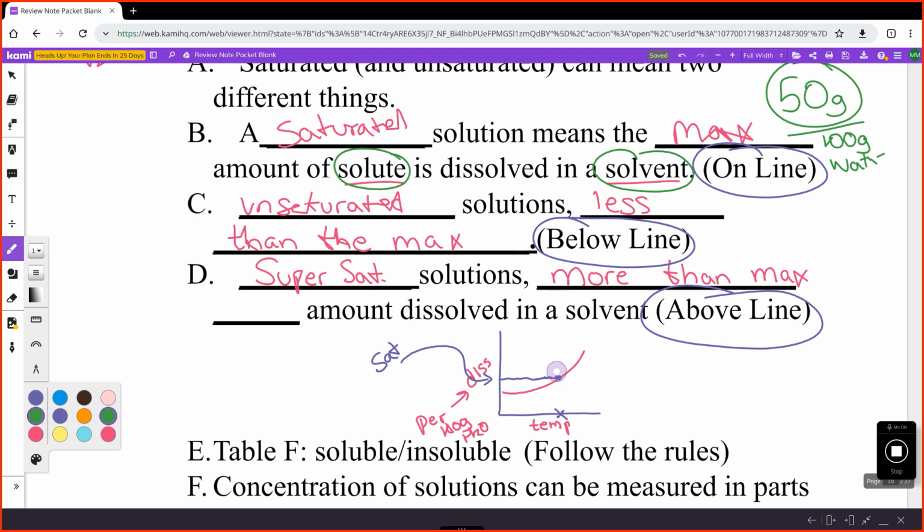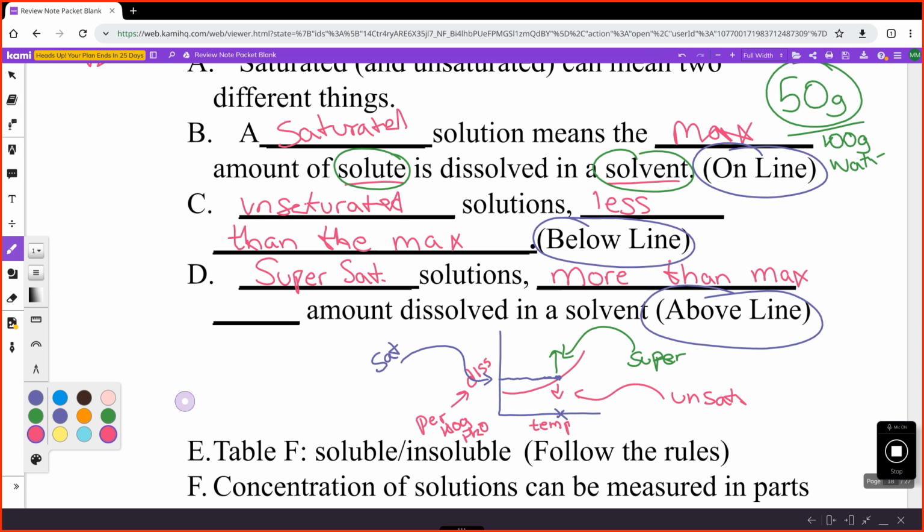Any number of grams dissolved above this would be a supersaturated solution, and any amount of grams below this would be an unsaturated amount. This applies to all of the lines and all of the different solutes listed on table G.